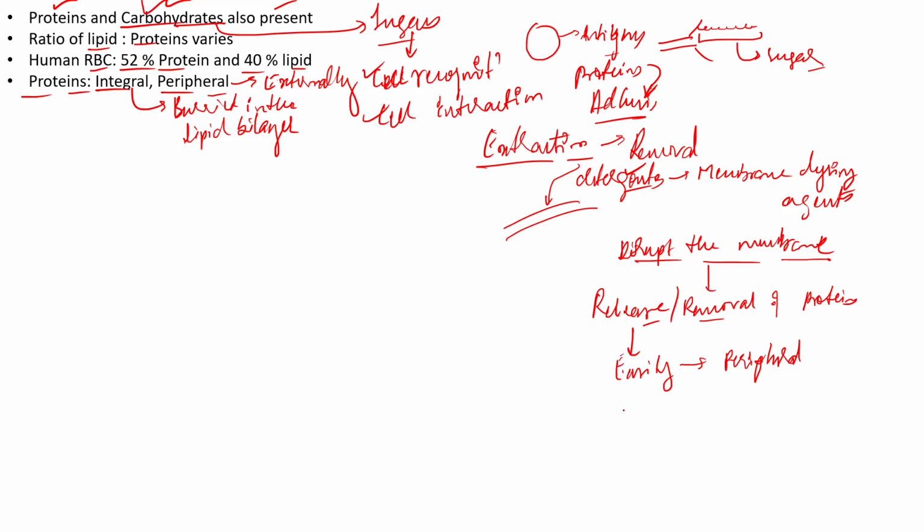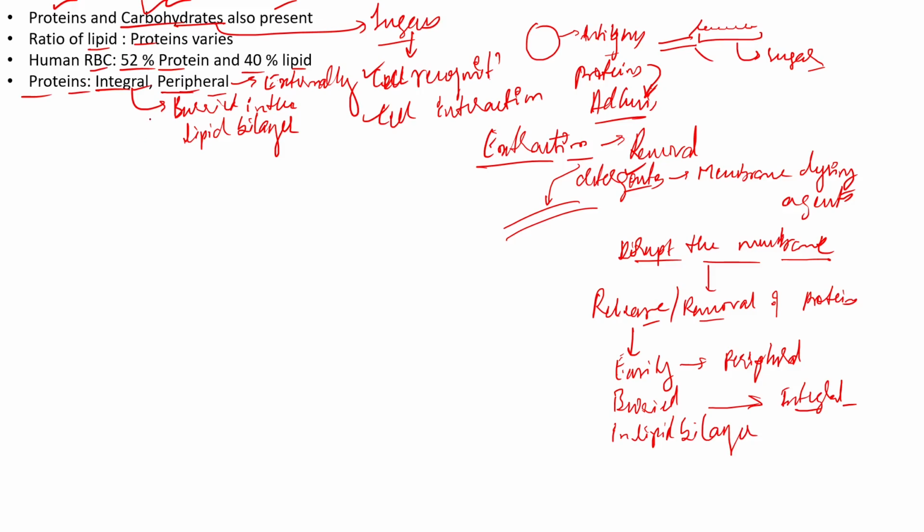If they are buried in the lipid bilayer, or it is very difficult to remove them, then we use the term integral. This is how we do the classification of integral and peripheral proteins.